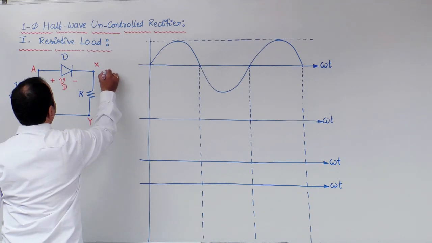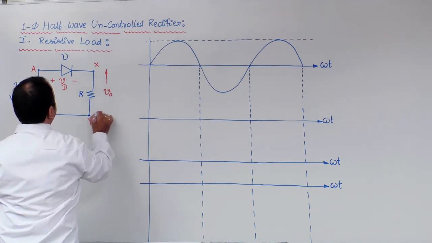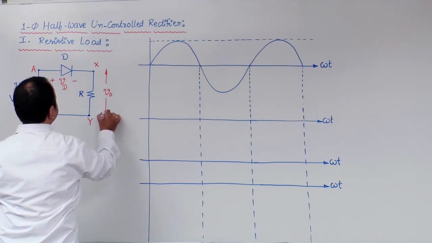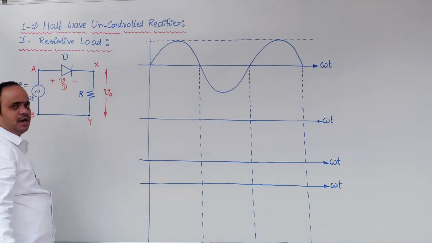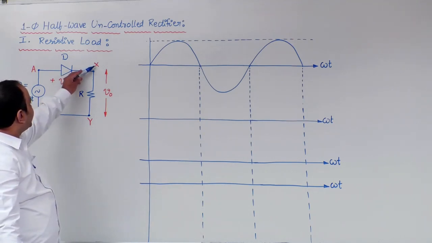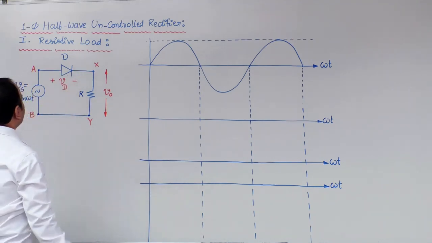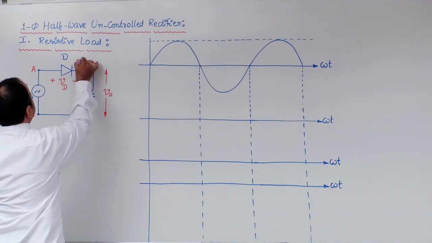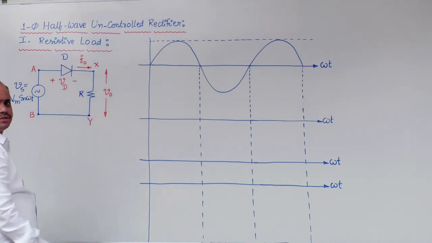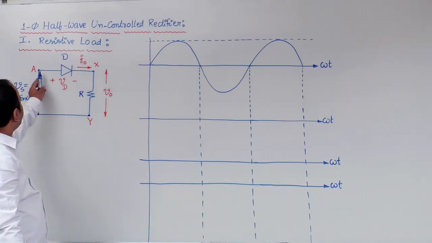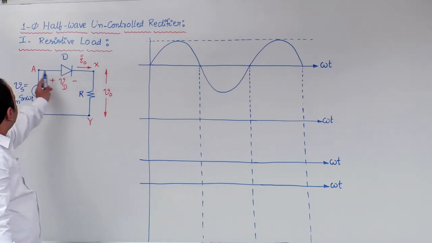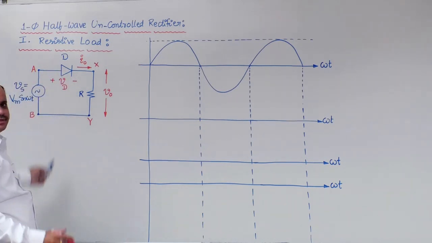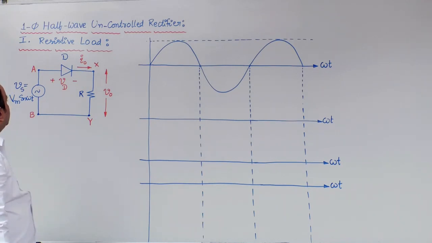The output voltage is measured across the terminals X and Y, so V0 means output voltage measured as X with respect to Y. The load current can be denoted with the symbol I0. This is a series circuit, hence the total current, whether I0, IS, or ID, is the same. This is the basic circuit diagram.